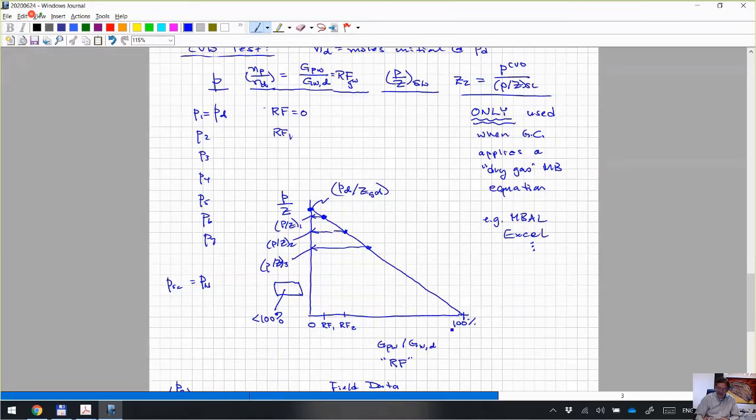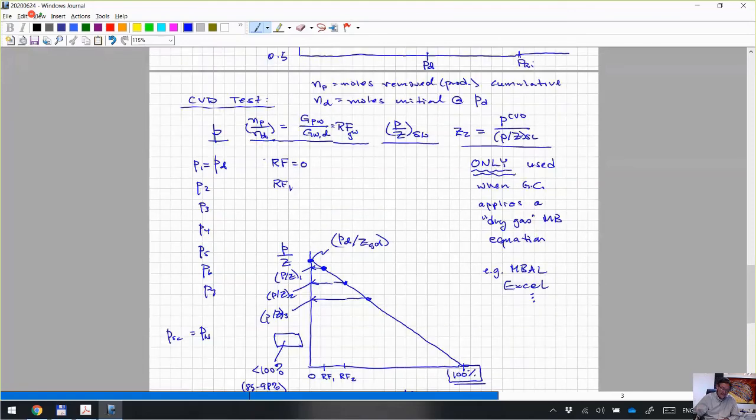But what the lab is doing, what we're doing here, is that we're forcing this to go to 100%. We're forcing it to extrapolate to something it will never reach unless we divide by some crazy two-phase Z factor. That's why you're getting these crazy numbers. So that's the reason why it turns crazy here.